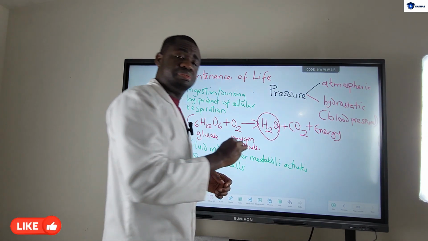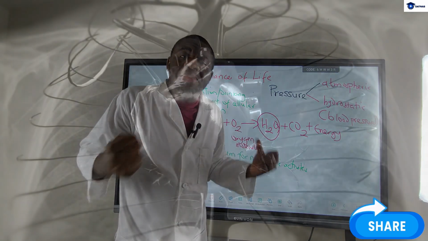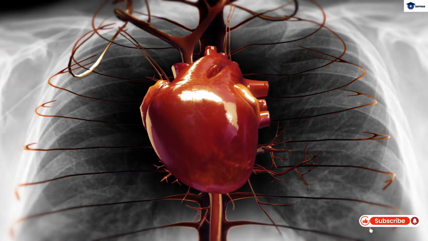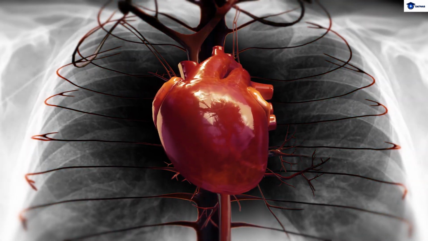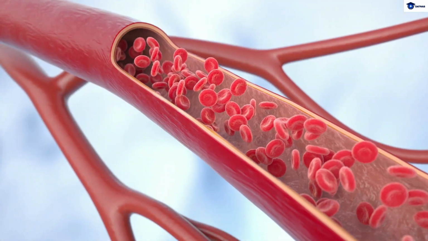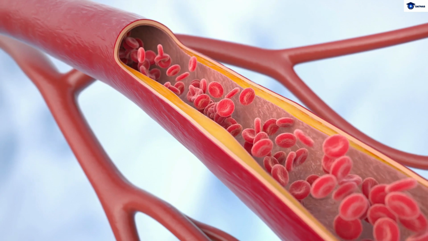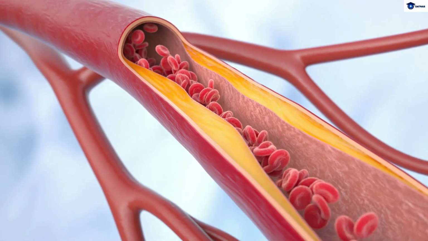This blood pressure is produced by the pumping action of the heart. As the heart pumps blood, a pressure is generated to maintain continuous flow of blood within the blood vessels. Without the hydrostatic pressure, the blood will not flow.